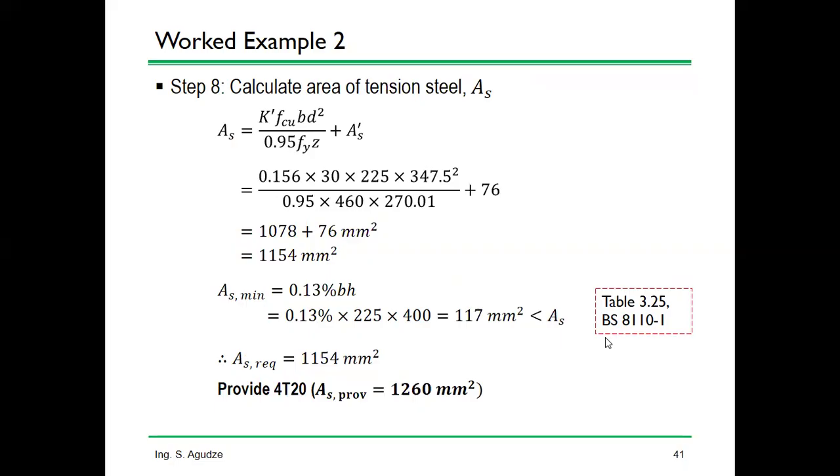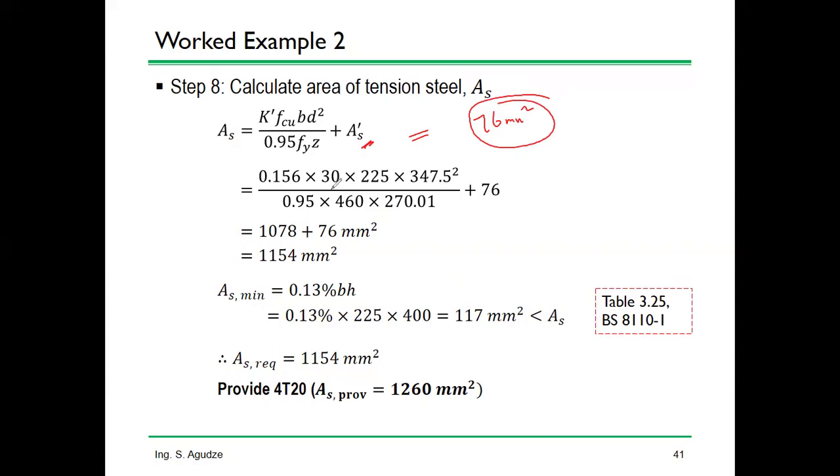With the tension steel, A_s is K' f_cu b d² over 0.95 f_y z, plus A_s'. You see the actual A_s' we calculated is 76 mm squared, so that is what we will use for this, not the A_s' required, right?